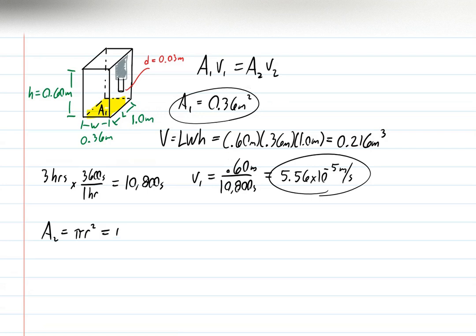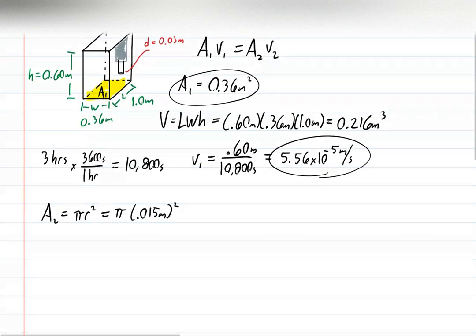Plugging into this, we have pi, and the radius is going to be half the diameter. So we'll have pi times 0.015 meters squared, not 0.03, I didn't divide by 2.